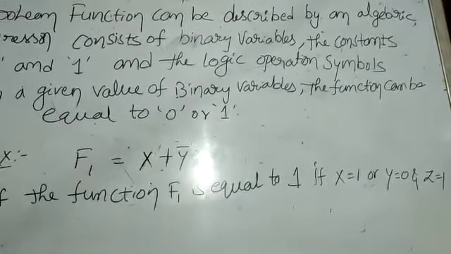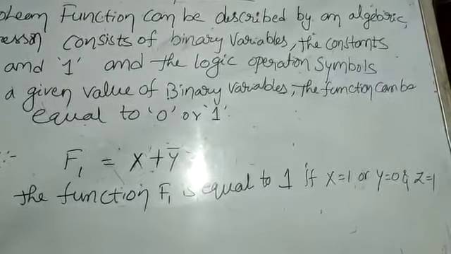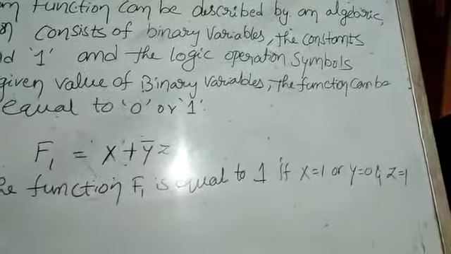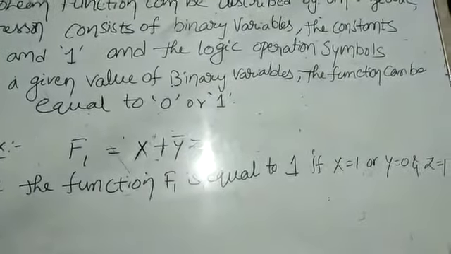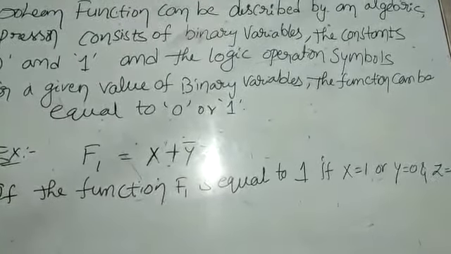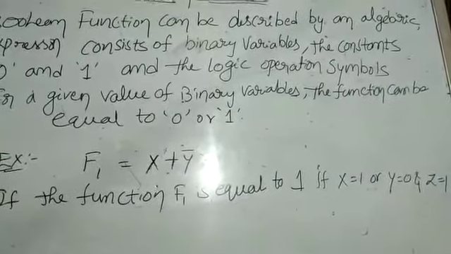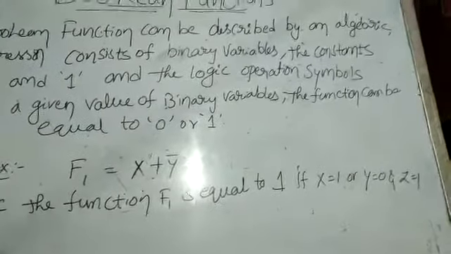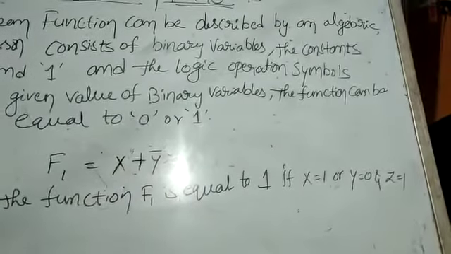Y bar means 0 bar, that is the value 1, into z is equal to 1. Then 1 into 1. Like that we can consider x is equal to 1, or y is equal to 0 and z is equal to 1. So these are the possibilities.